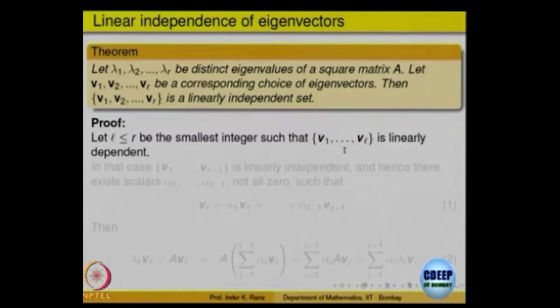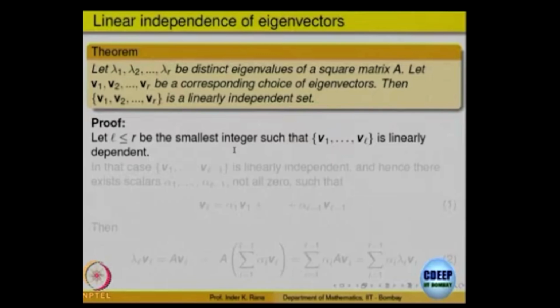Suppose such a thing exists, and let us pick the smallest such L. That means if L is the smallest such that v1, v2, ..., vL is linearly dependent, then any smaller collection will be independent.